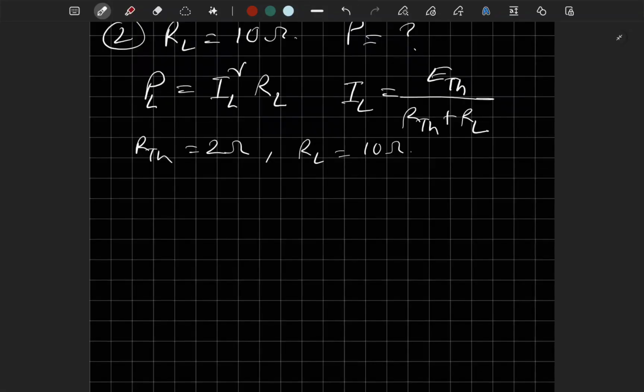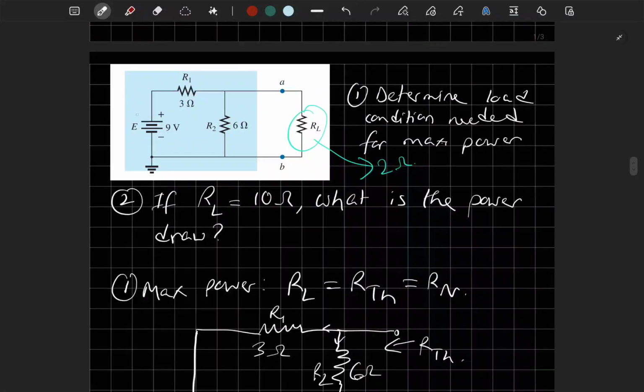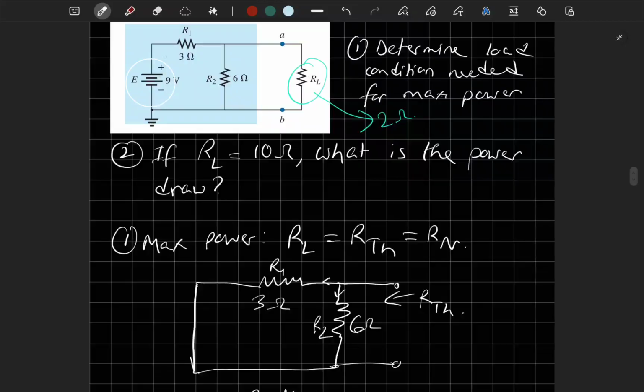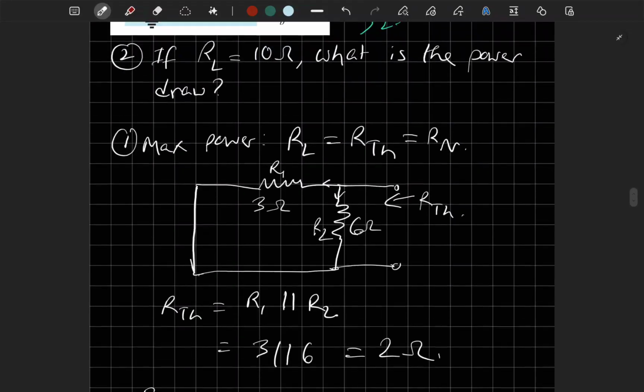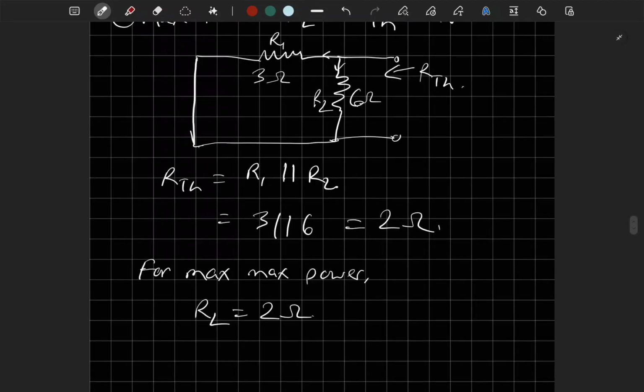Now we need to find ETH. Where's our circuit? Our circuit is here. The voltage given here is not ETH. This is just the normal voltage source. We have to find the Thevenin's voltage for this circuit. Now how do we find that? The same steps. First we find RTH, which we already did.